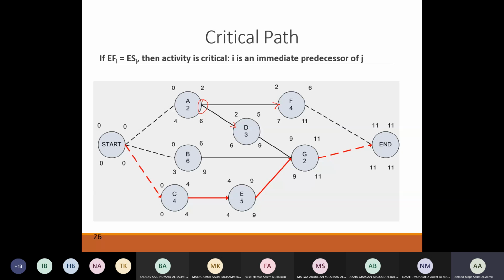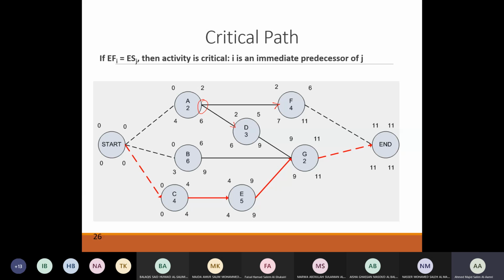A and D, I didn't say B. A and D. Can you start D without finishing A? Can you start D if you didn't finish A? So you need to finish A in order to start D. And this is the question that they asked and you said no. Let's finish A to start D. I need to finish A in order to start D.